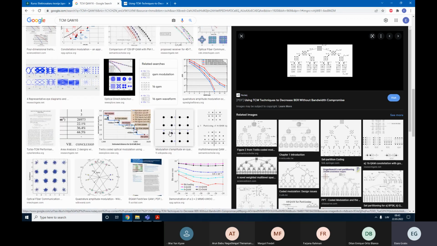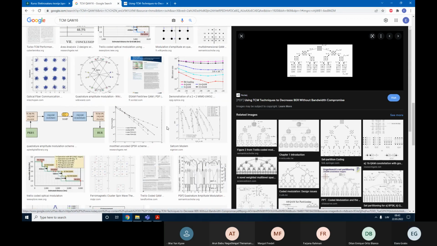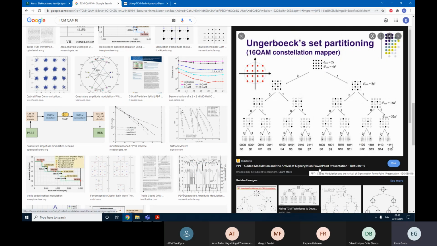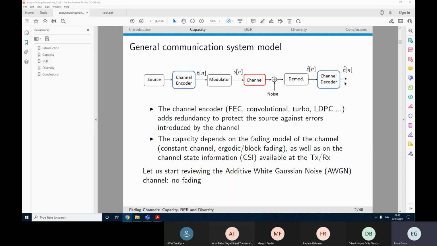Well, it doesn't really look like this. But this assignment would be slightly different than for Gray coding. I might later on, during the break, make this in the same plot and then show you. This is not really a topic for today. I just want to show you the difference between Gray coding and TCM.